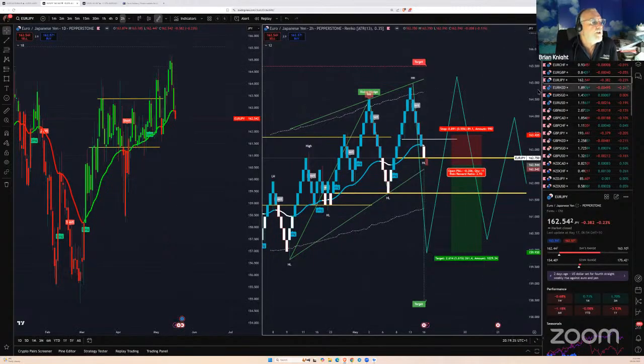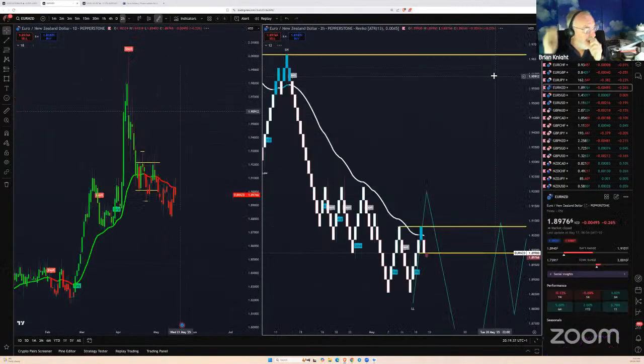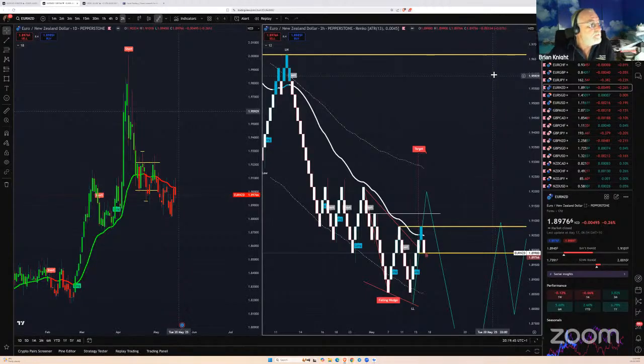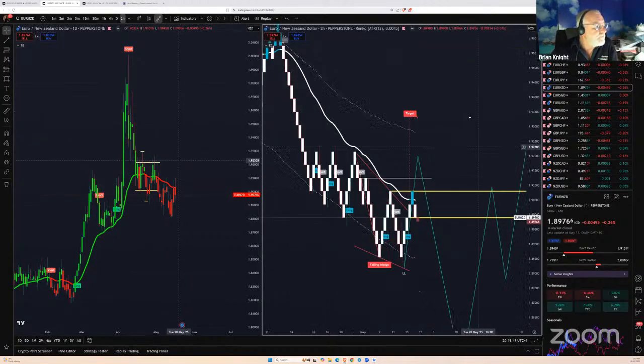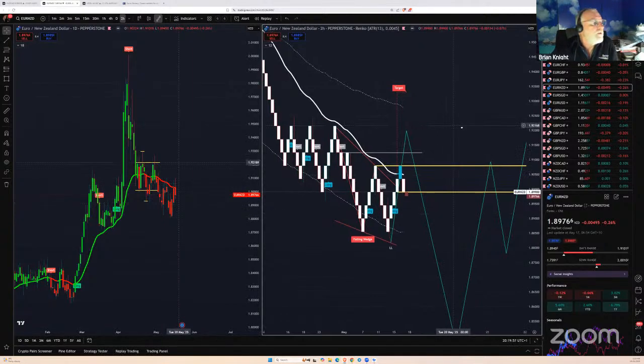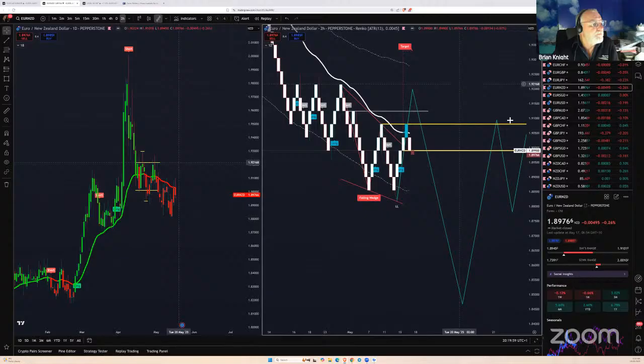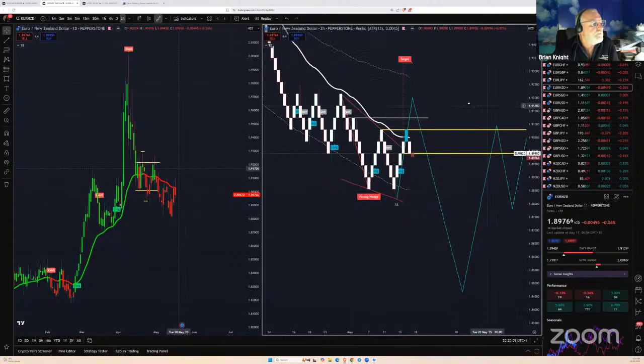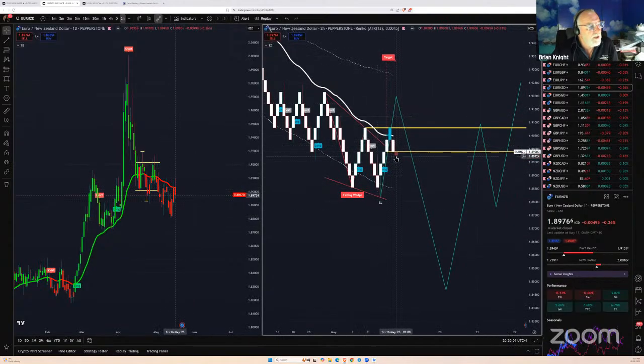All right, Euro NZD. Sorry. It's also pushing down as well. Well, if we get this candle, this brick completed, this should be a short.